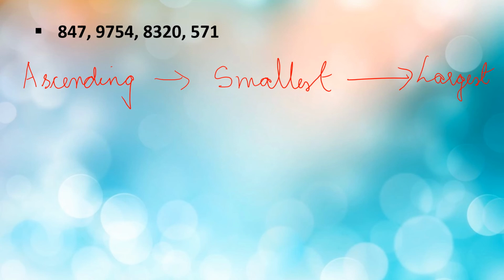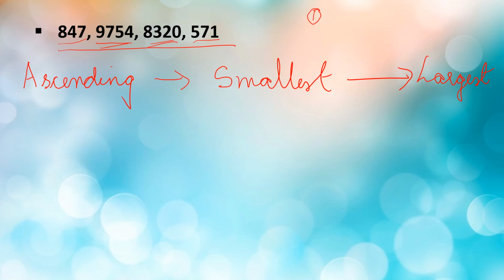Yes, so which is the smallest number among these four? What is the first thing that you have to see? You have to see the number of digits in all these numbers. As we have already discussed, greater the number of digits, greater the number. So here you have two 3-digit numbers and two 4-digit numbers. Right?